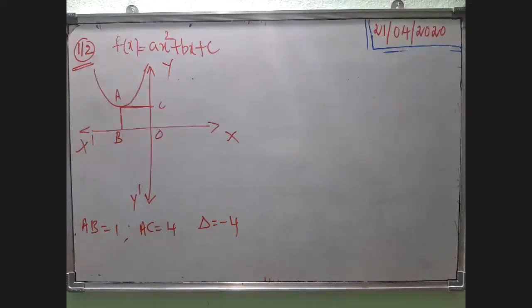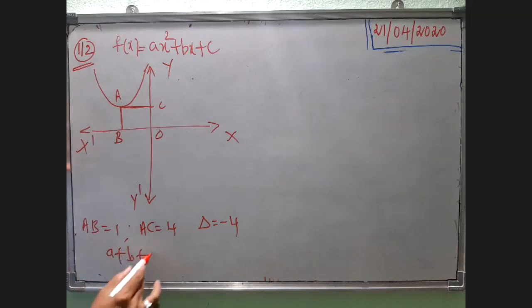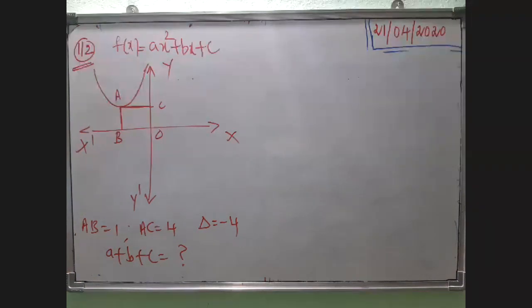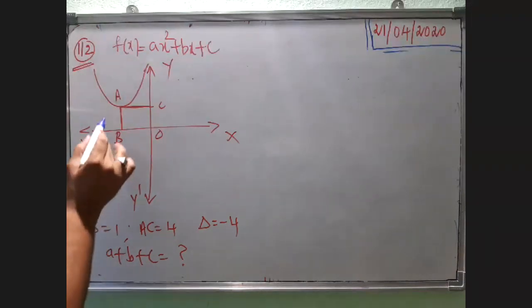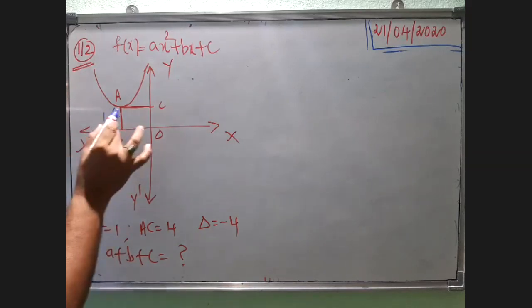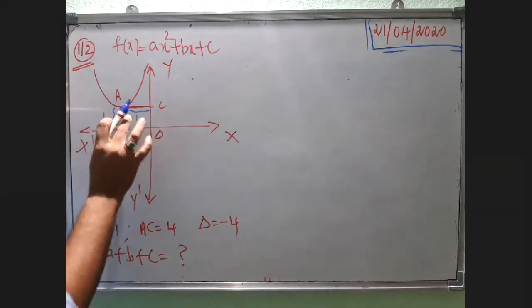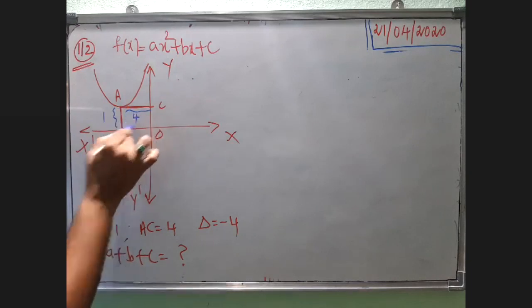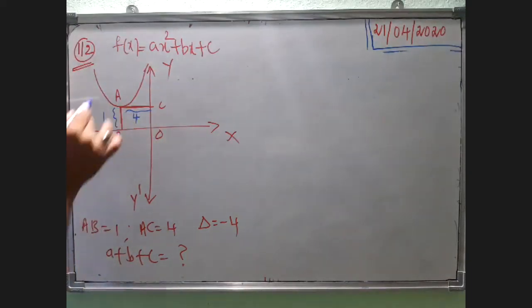Then the value of A plus B plus C, you have to find out. A plus B plus C equal to question mark. That's all he gave. So this is given as 1, and this value is given as 4.